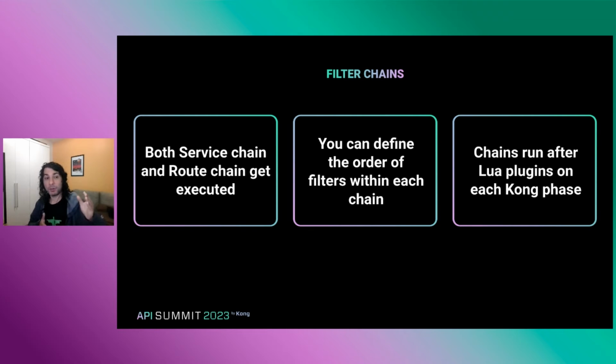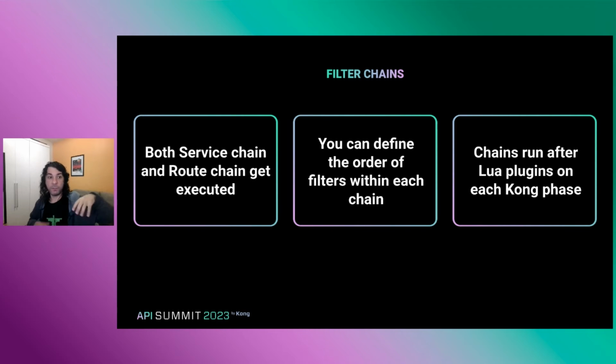Of course, all of that happens per phase. And if you're also familiar with the way that plugins execute in Kong, you have something that matches the Nginx phases and the OpenResty phases. So you have access phase and header filter phase, and then body filter phase, and then finally log phase. On each of those phases, you will have first the execution of Lua plugins for that phase, and then the combined filter chain, which is the chain of the service filters and the route filters.